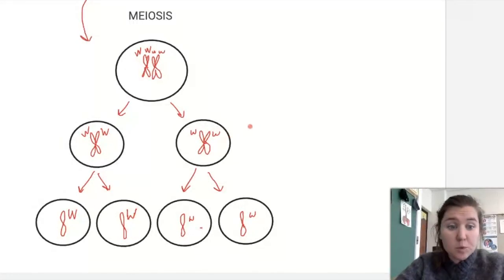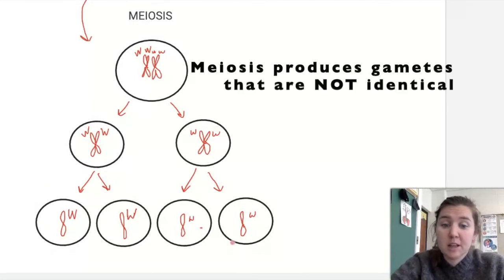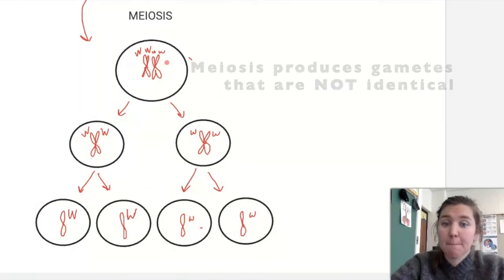So this can help us remember, one, that not all of the gametes that are produced here are identical. Some have the dominant allele, some have the recessive allele. And we don't just have one pair of chromosomes, we have 23 pairs, so there's going to be a lot of variety between the gametes depending on how those chromosomes line up way back here.